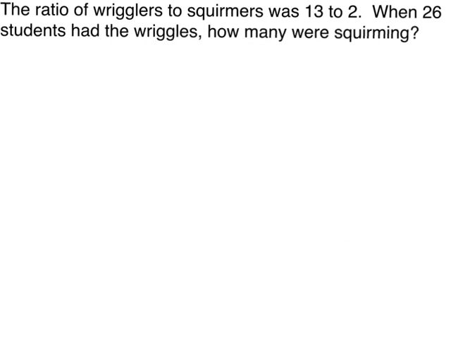Alright, one of the examples in your book said the ratio of wrigglers to squirmers was 13 to 2. Wrigglers, squirmers, 13 to 2. When 26 students had the wriggles, how many were squirming?